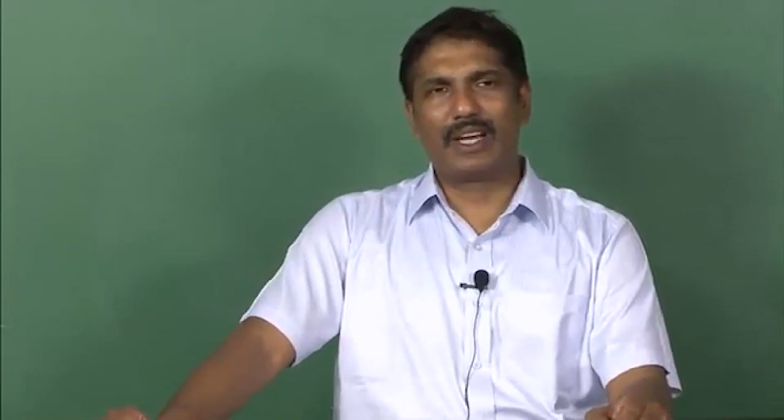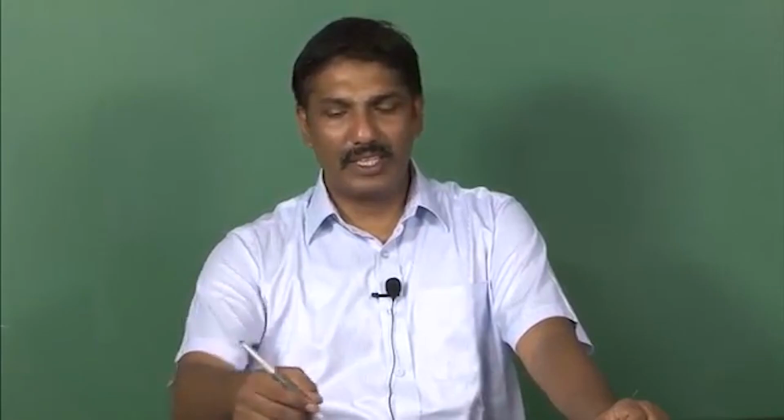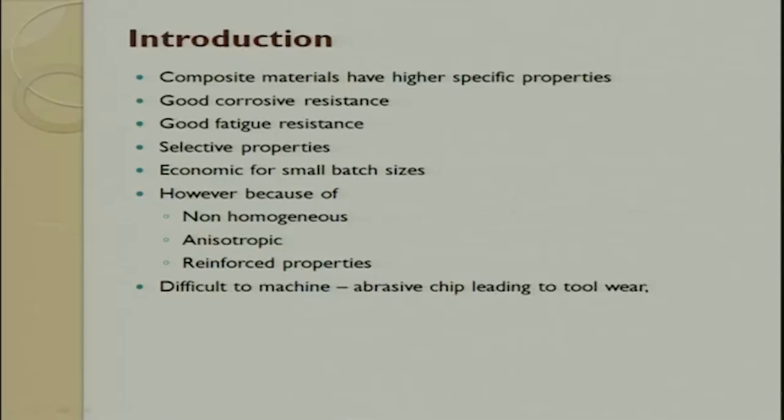Examples are the EDM process, electric discharge machining, chemical machining or electrochemical machining, laser machining, ion beam machining, electron beam machining. These are some of the processes available for machining of composites. You have to make a choice, in this big spectrum, of which machining process to choose.